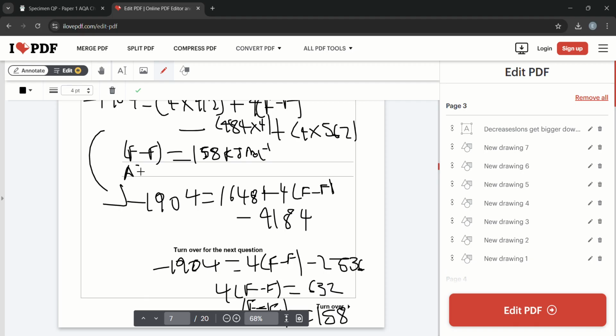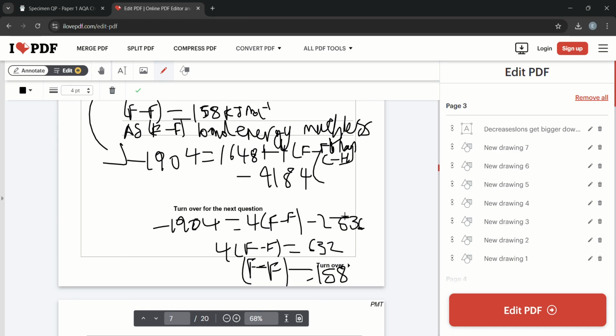So the FF bond energy is much less than CH, CF, HF, therefore a weak FF bond.